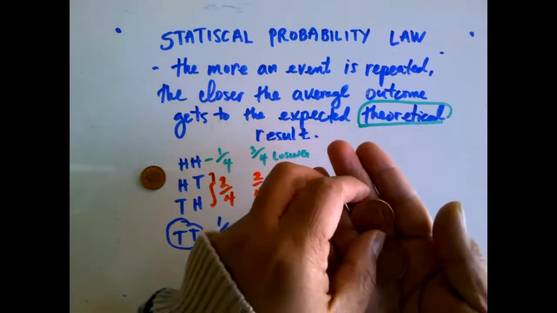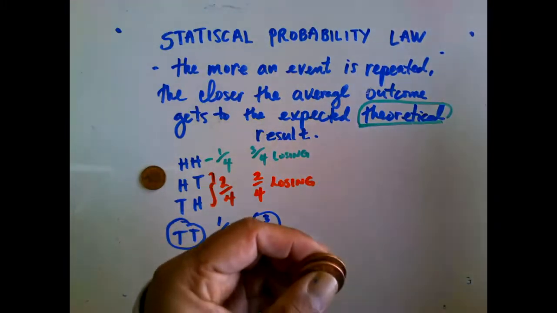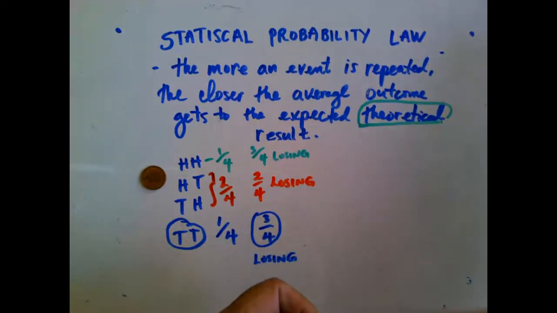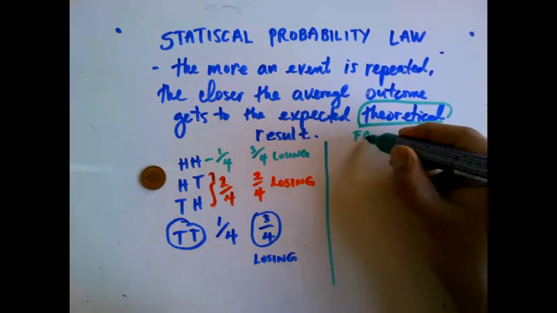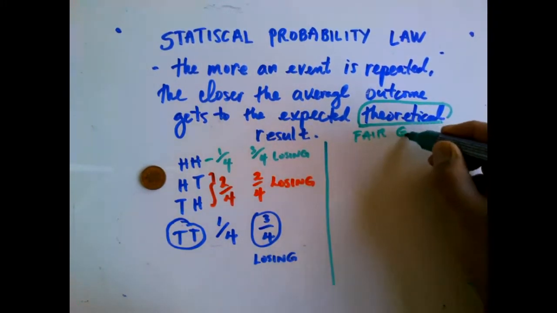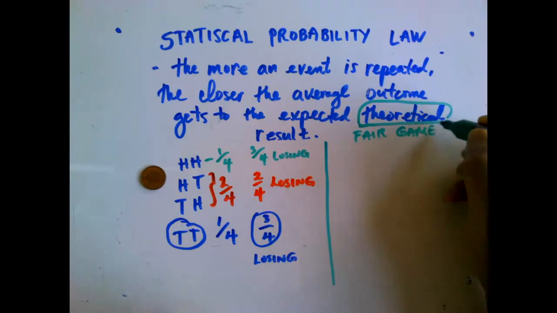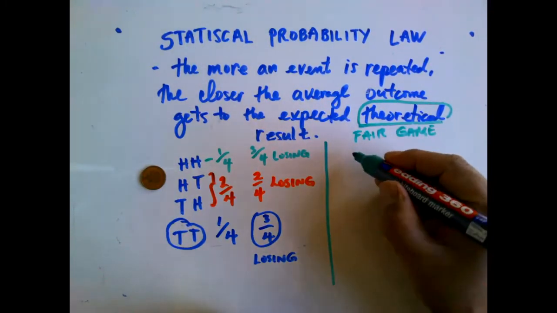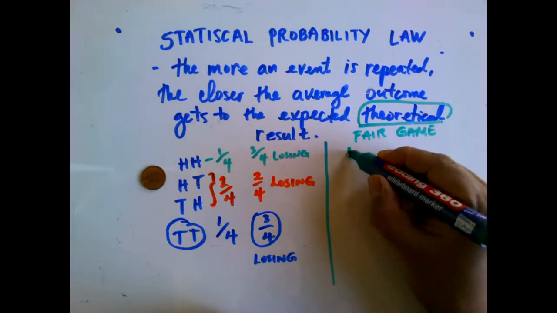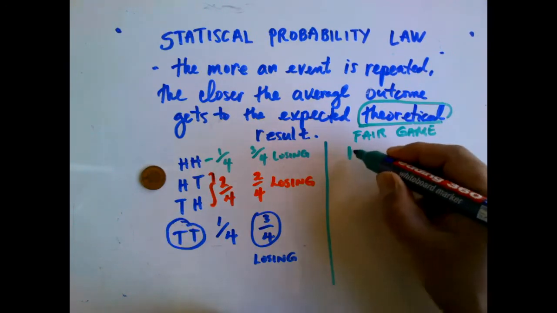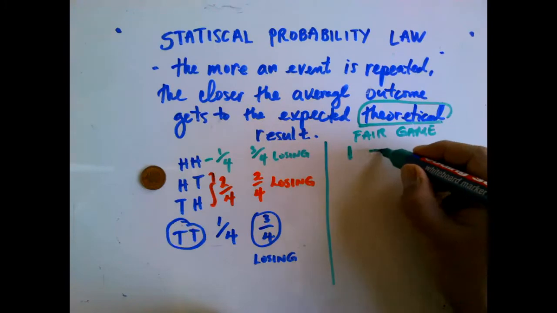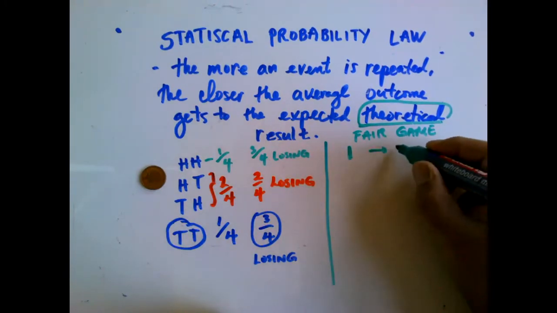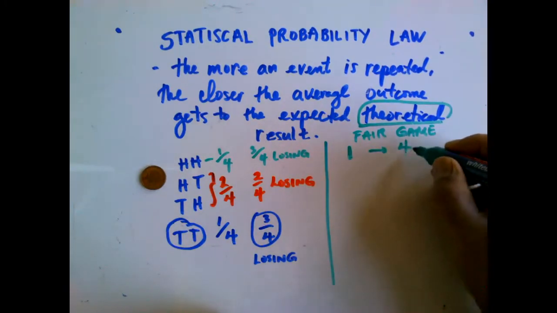So to make it a fair game, if you bet a penny or a pound, should you not win like 4 pennies or 4 pounds?